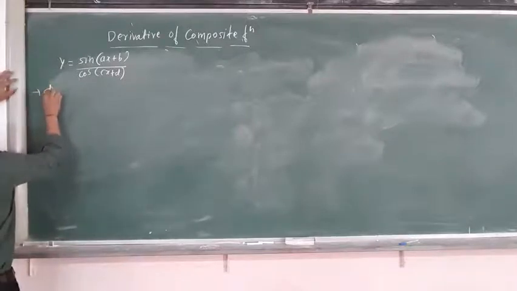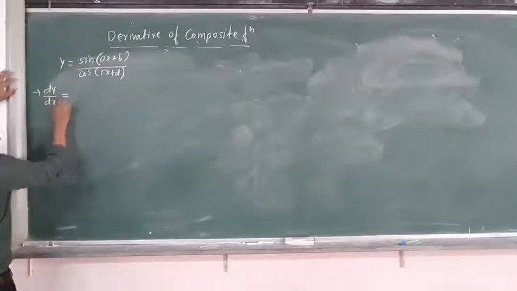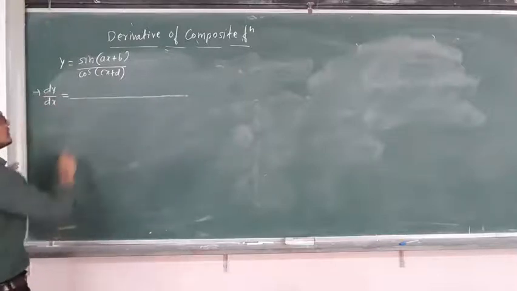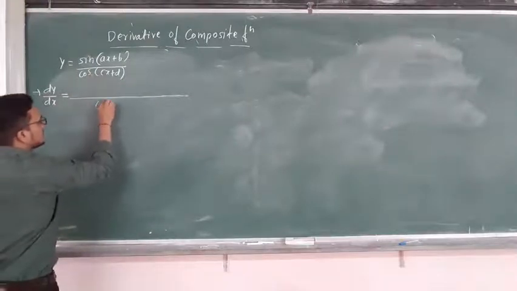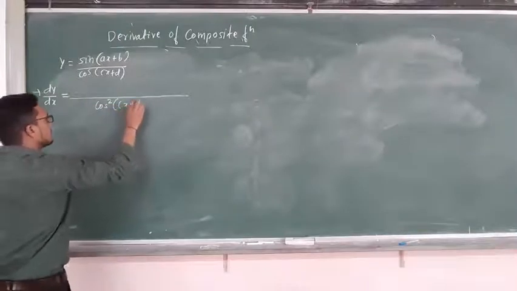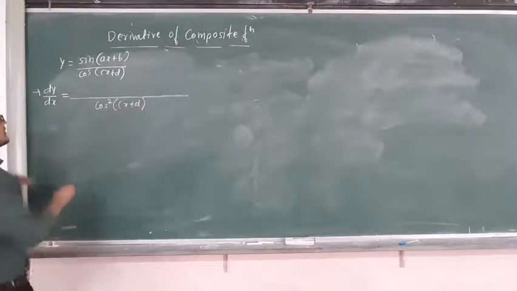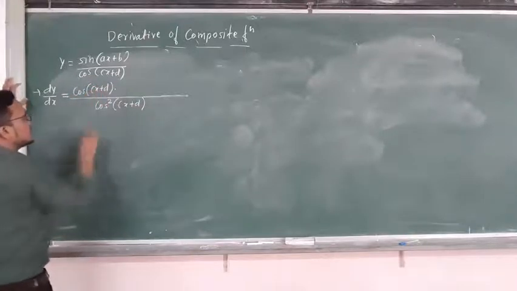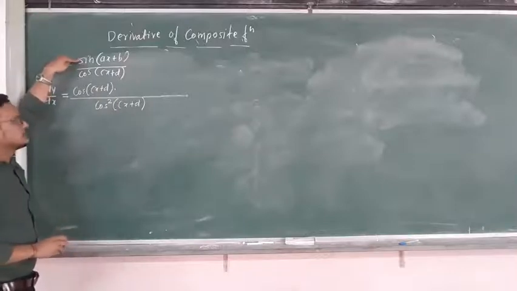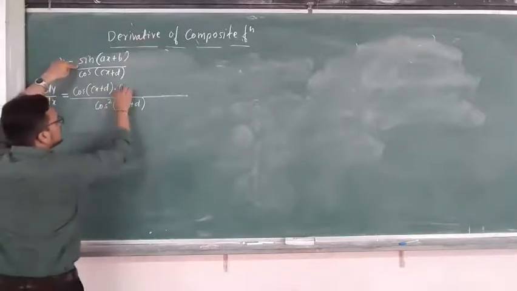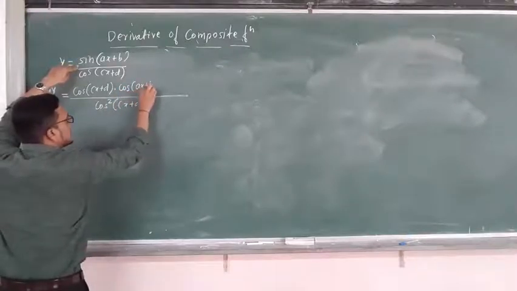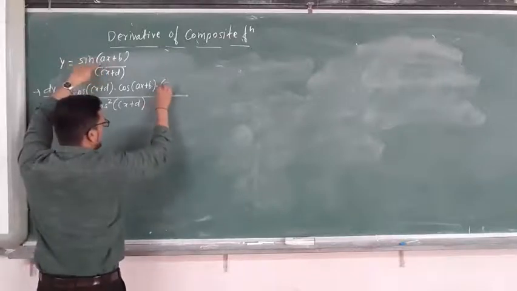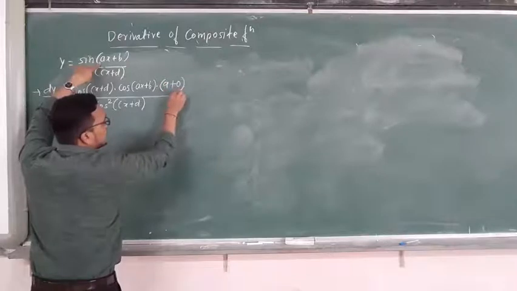So dy/dx, we apply the quotient rule. Denominator squared, so it is cos²(cx+d). Now the denominator is constant, cos(cx+d), into the derivative of the numerator. The derivative of sin(ax+b) is cos(ax+b) into the inner derivative: x's derivative is 1, 1 into a is a, plus b's derivative is 0.